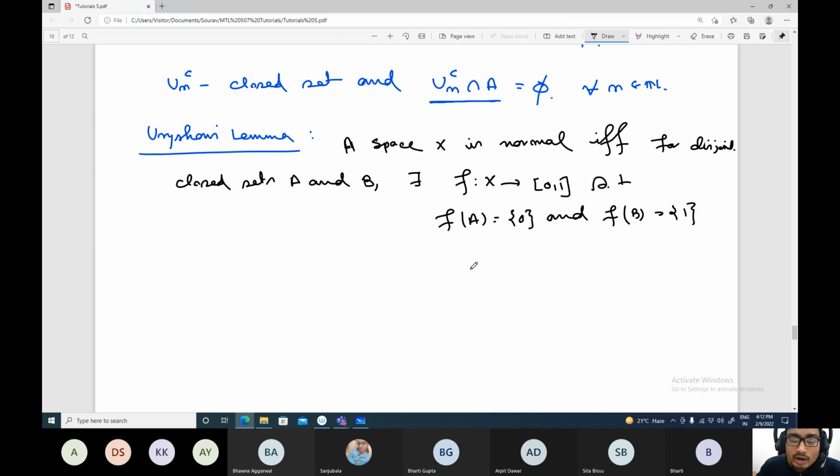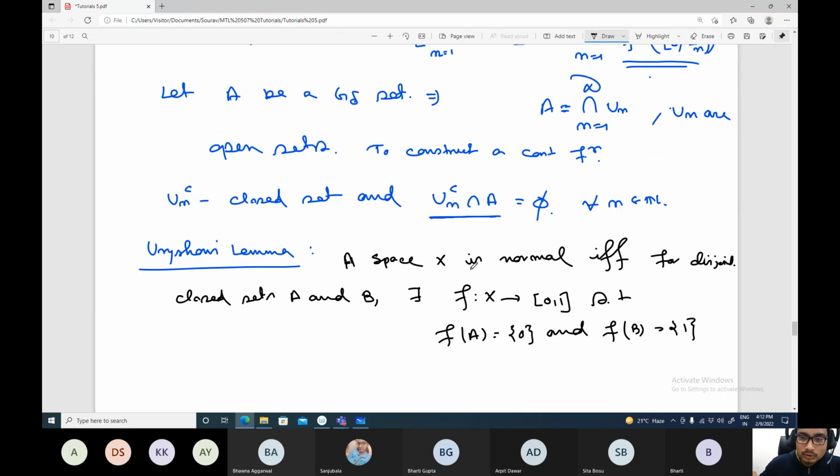Right. So now you have two disjoint closed sets, Un complement and A, in a normal space.